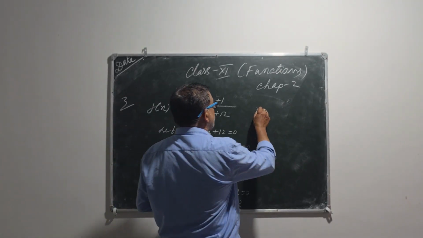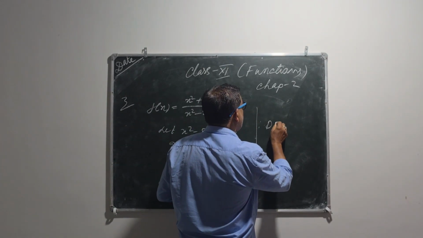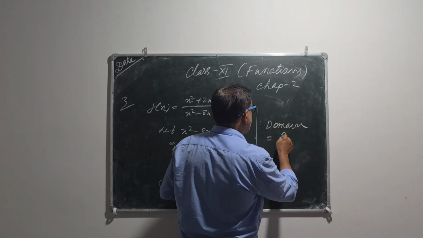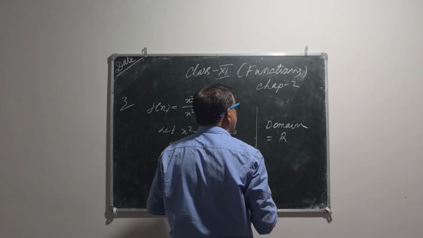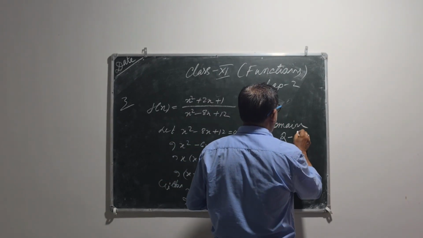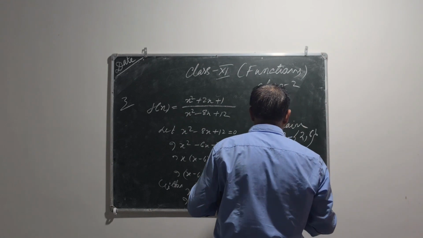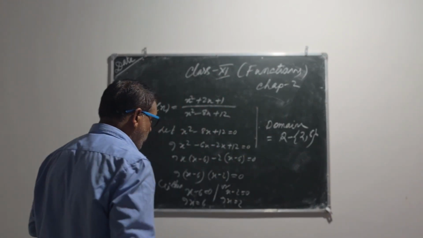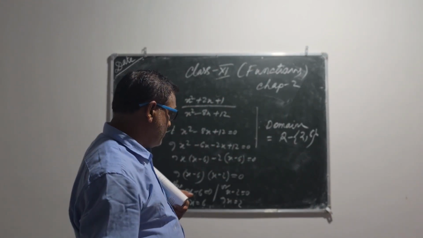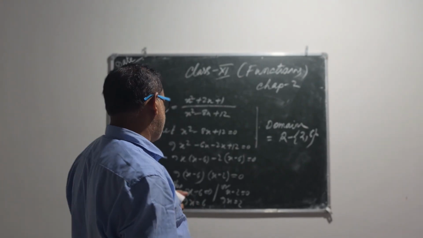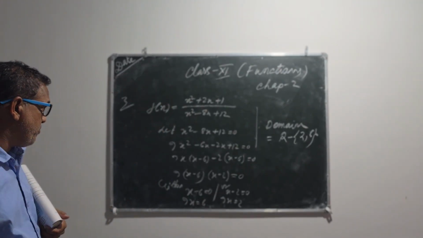Therefore, domain equal to the set of real numbers, if we subtract 2 and 6, the remaining elements will be the domain. So domain will be R minus {2, 6}. So in this way we can find the domain of this one.